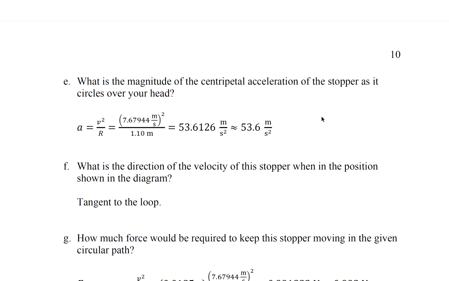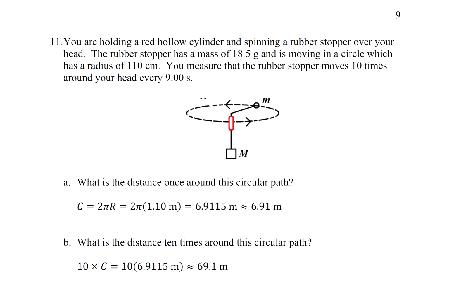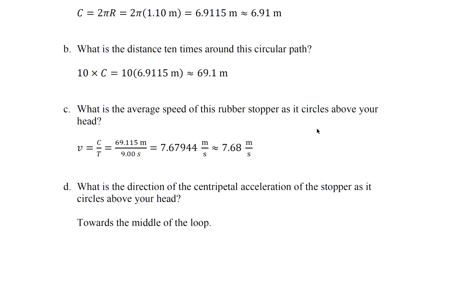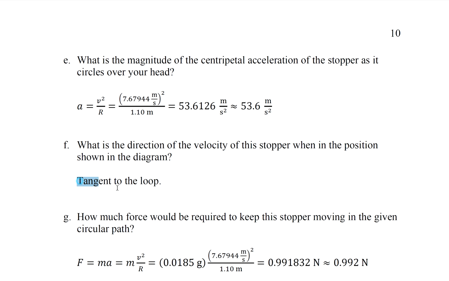Part E, what is the magnitude of the centripetal acceleration of the stopper as it circles over your head? Acceleration is v squared over r. Part F, what is the direction of the velocity of the stopper when in the position shown in the diagram? So the velocity is 90 degrees from the acceleration and sigma F. So it's tangent to the loop.